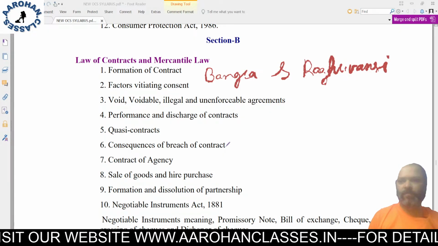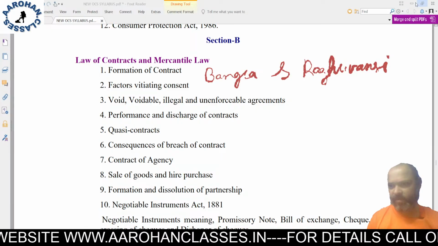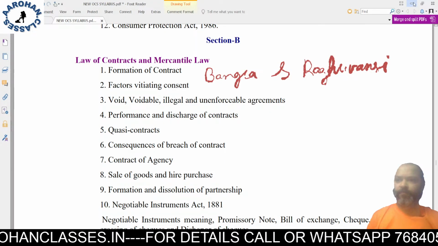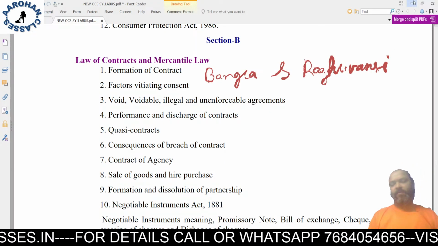We will go through various years' question papers, so you get an idea when preparing for law optional for civil services, OCS in particular, and UPSC also, where administrative law will be extra. What are the things you have to keep in mind? If you see, the type of question which comes is mostly 99% theoretical.